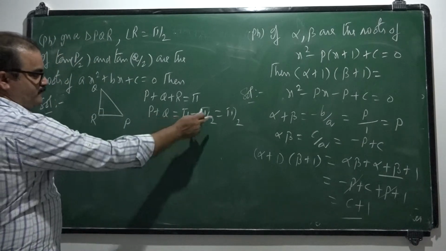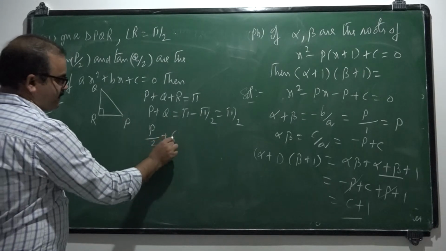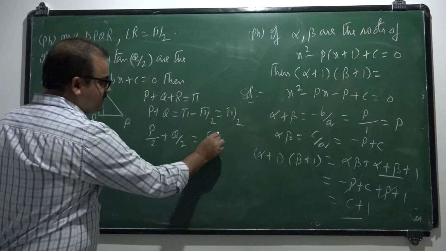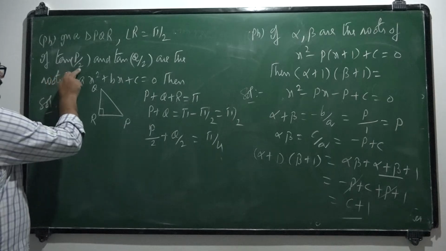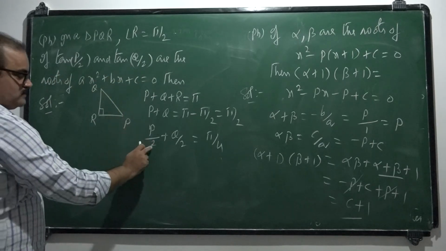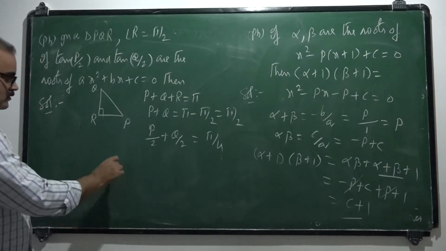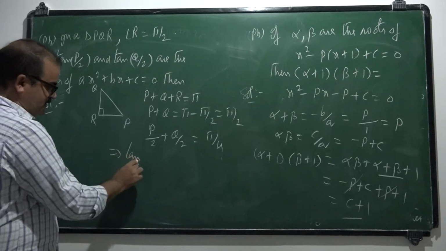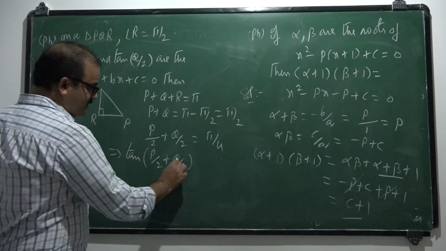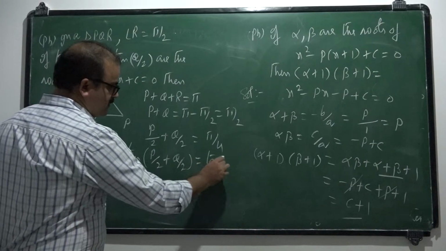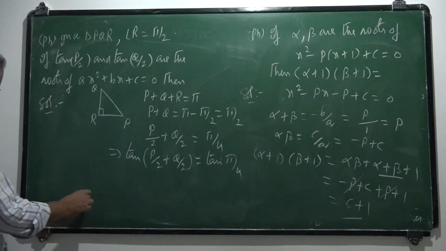Now divide both sides with 2. P by 2 plus Q by 2 is equal to pi by 4. Here the angles are P by 2 and Q by 2. So we divide both sides with 2. Now taking tan on both sides, tan of P by 2 plus Q by 2 is equal to tan of pi by 4.